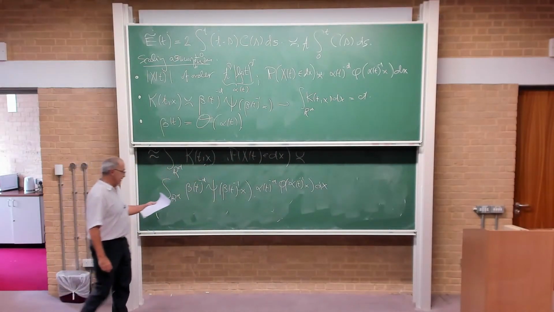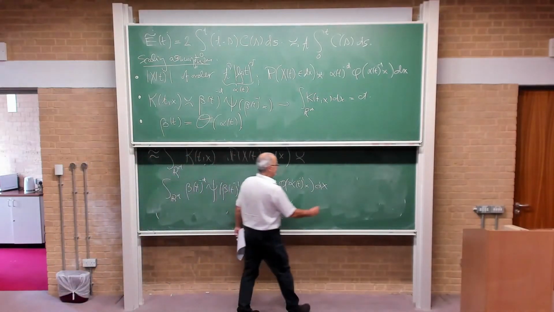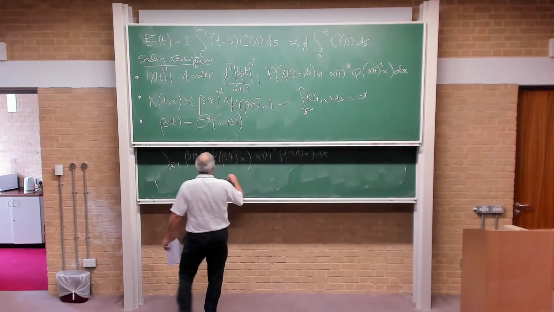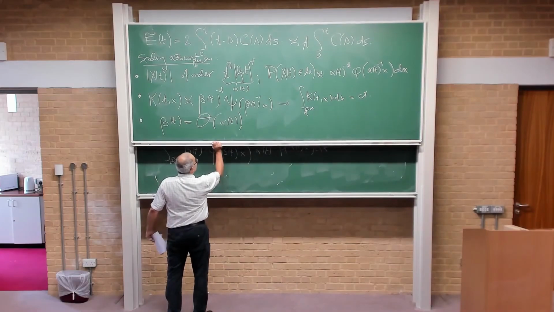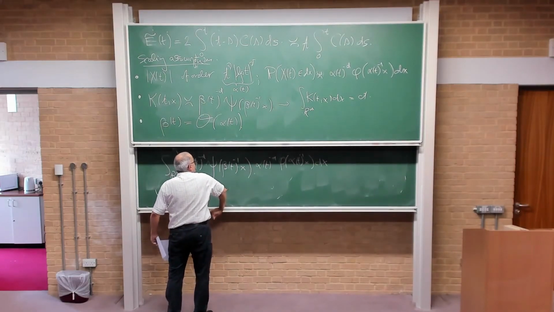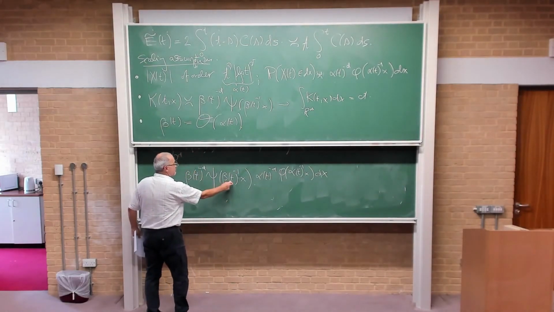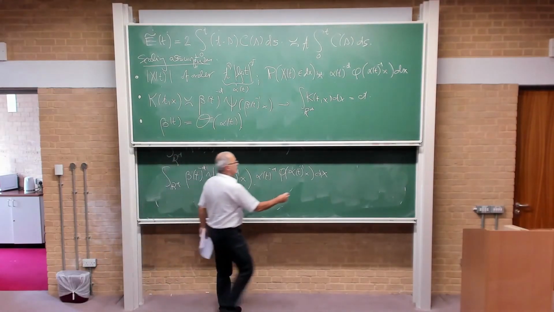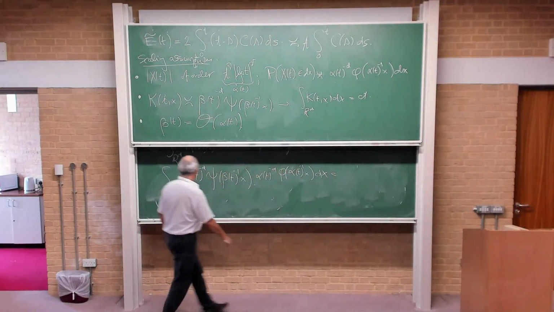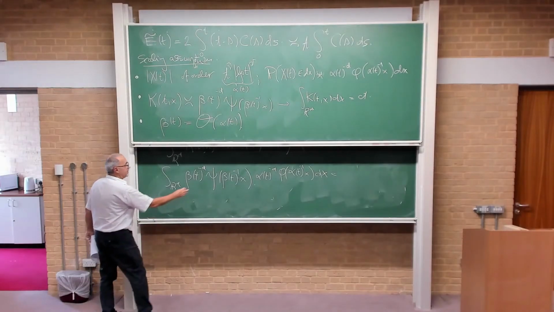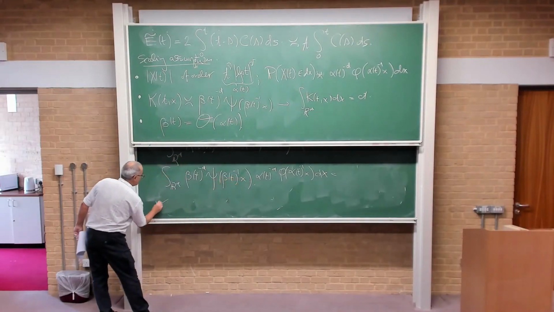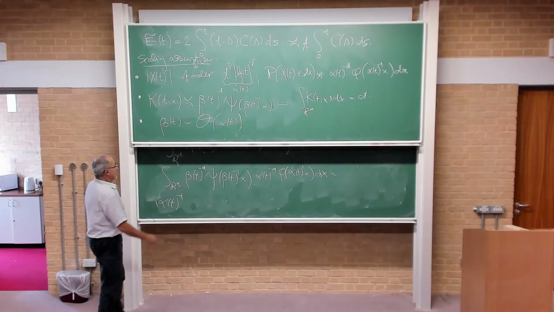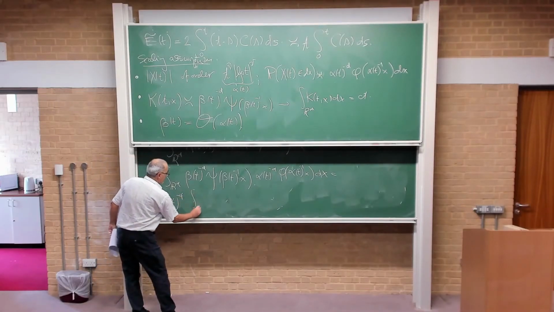Now I do something which is absolutely not dangerous and legitimate. Maybe I change some variable here. I change variable here. So what I write is this is equal to alpha_t to the minus d integral on R^d.